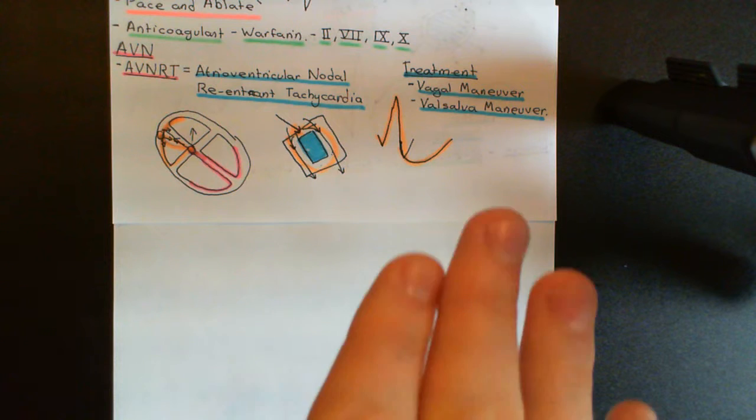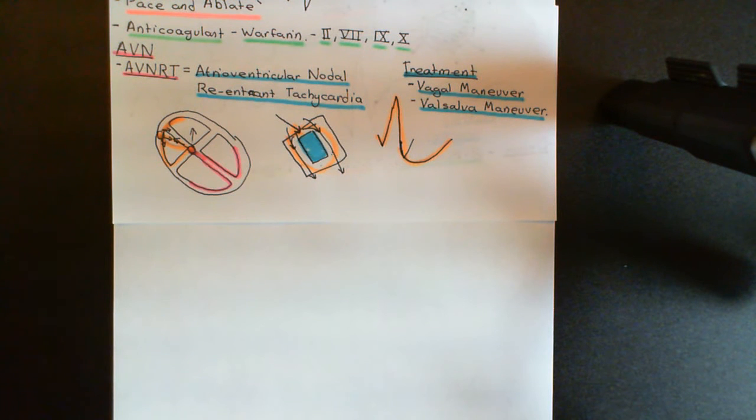Okay, but of course the approach in the Valsalva manoeuvre is quite different to what you do in the vagal manoeuvre. So in the Valsalva manoeuvre, everyone really has done this before, but it is quite difficult to describe. I certainly am not going to attempt to draw a picture of it. What you have to do is breathe in, so I'll describe how to do the Valsalva manoeuvre.